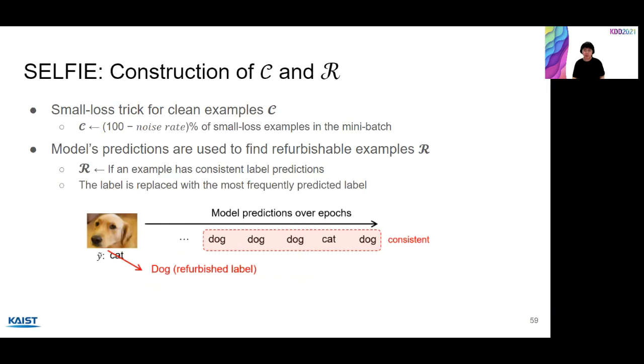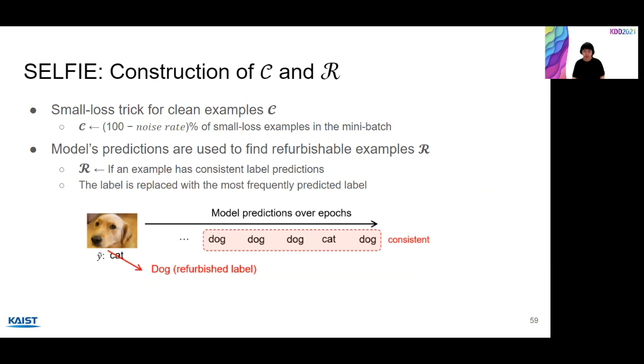The main challenge of SELFIE is how to construct the clean set C and the refurbishable set R. For the clean set C, the small-loss trick is simply adopted for selection, and for the refurbishable set R, it uses the model's predictions to find them, similar to the relabeling approach I introduced at the beginning of part 1.